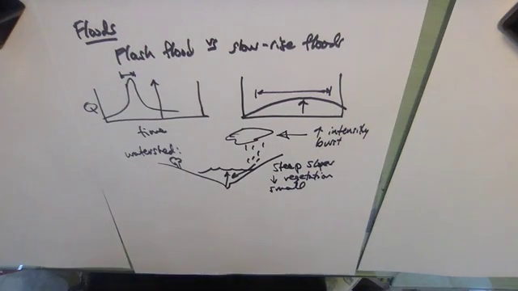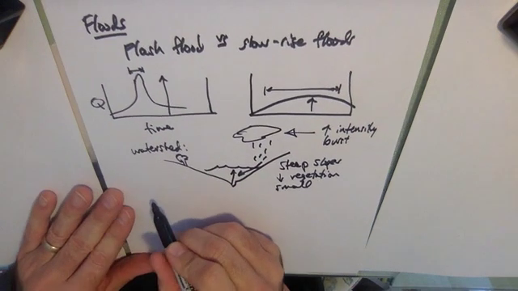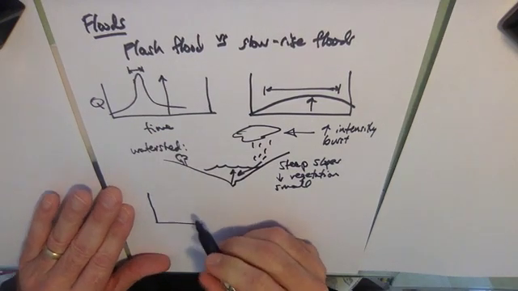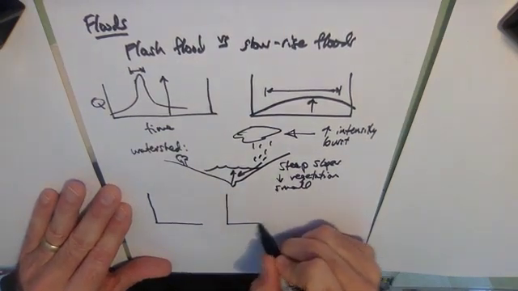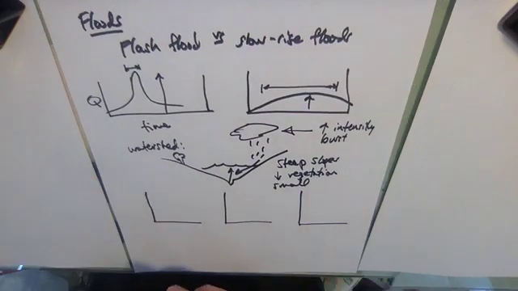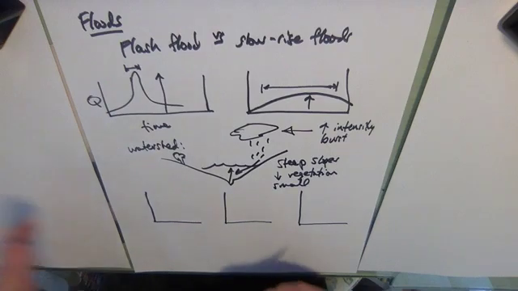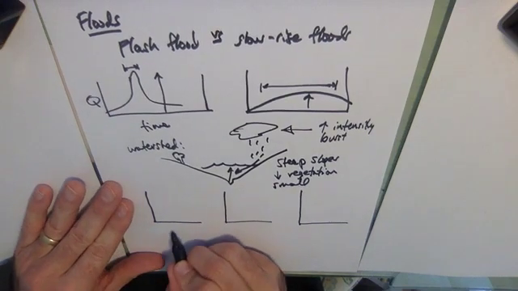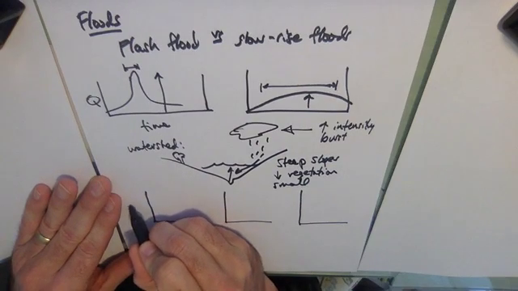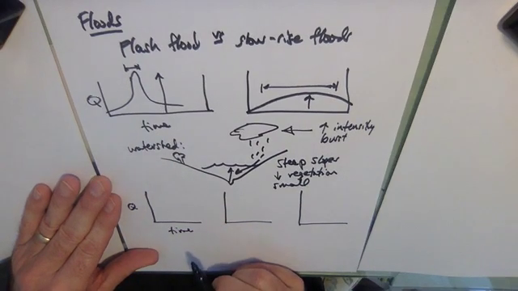So, one way to think about the flood response is to think about a couple of different scenarios, a couple of different characteristics. So imagine that we have the same basin. This would be time, same watershed, and this is stage or Q or whatever, right?